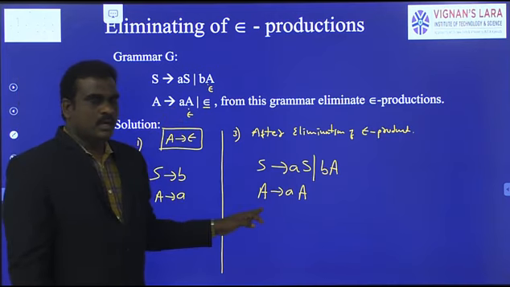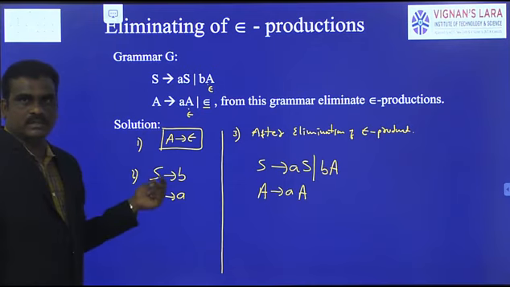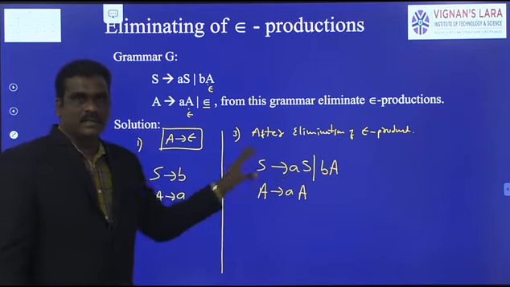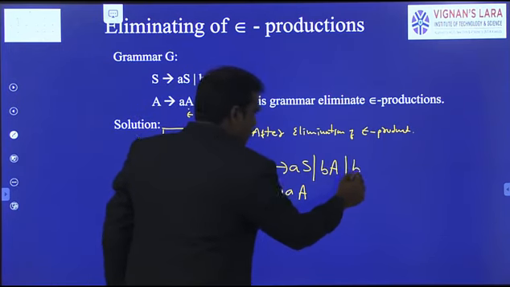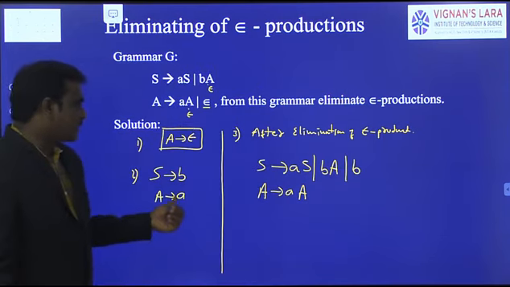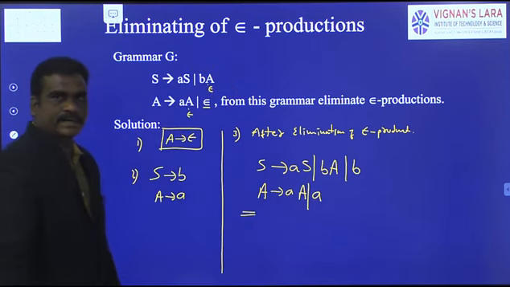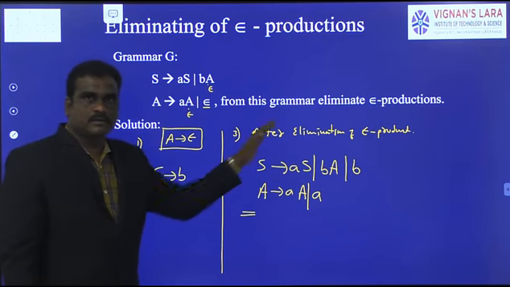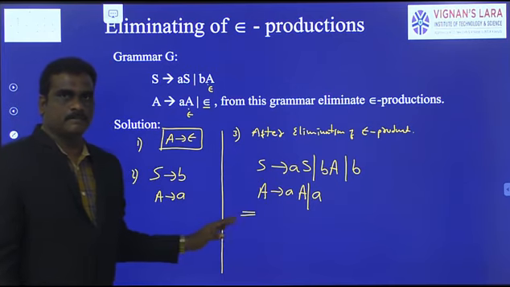Now instead of the epsilon production, we will write the new productions. In step 2, we got some new productions. Now we have to include them in this grammar. So you can write S to B. Next one, A to A. Perfect. Now this is the resultant grammar. So after elimination of epsilon production, we get this. This is the resultant grammar. Okay.